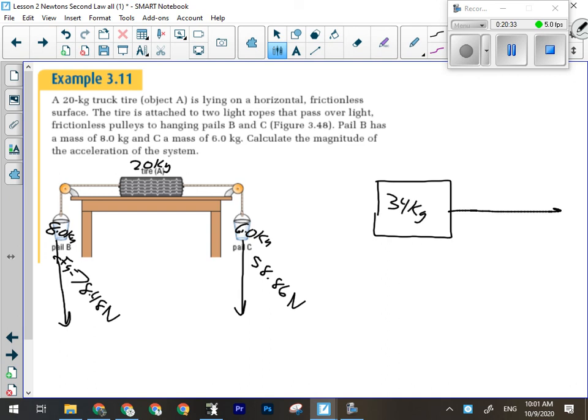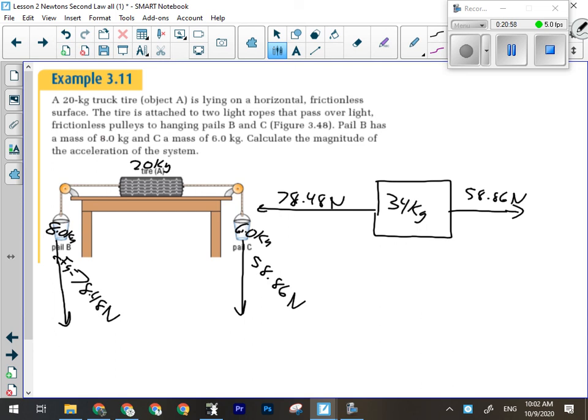Okay, it's being pulled this way. Shorten that arrow. And this way by 58.86 newtons, and this way by 78.48 newtons. All right, what can I calculate right now?